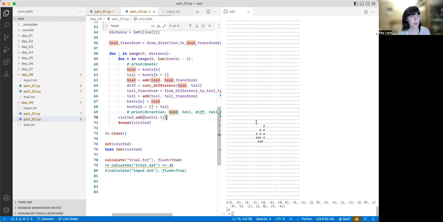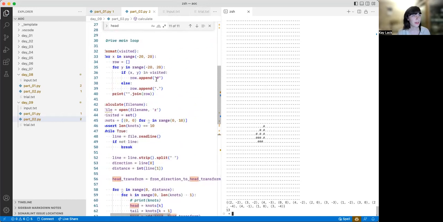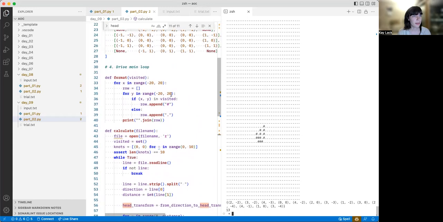No, it doesn't help at all. I didn't think it would. Okay, let's try debugging this a little deeper.